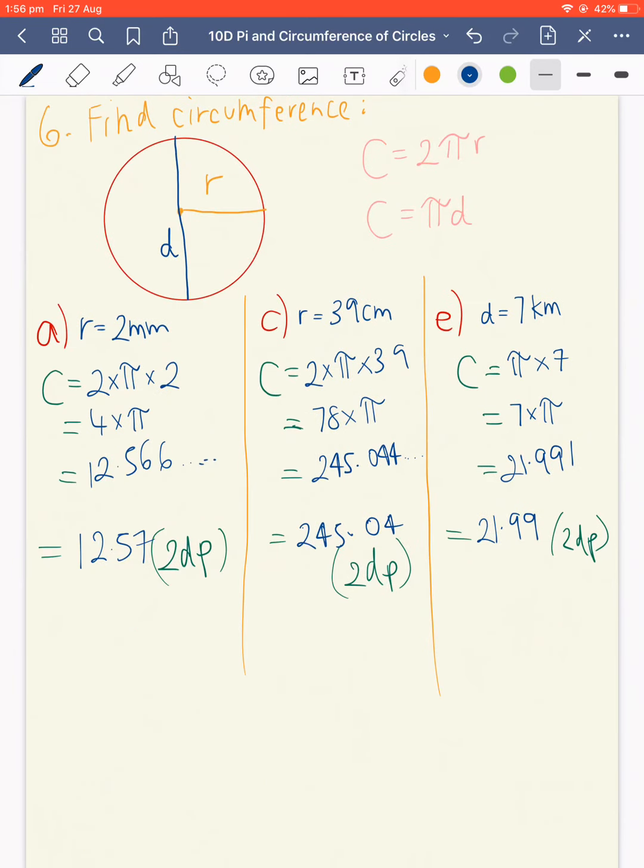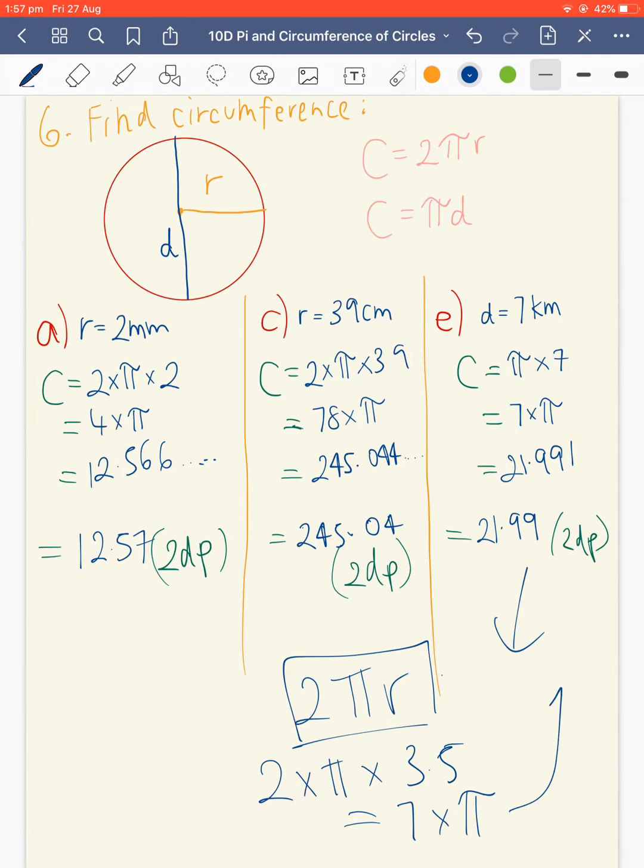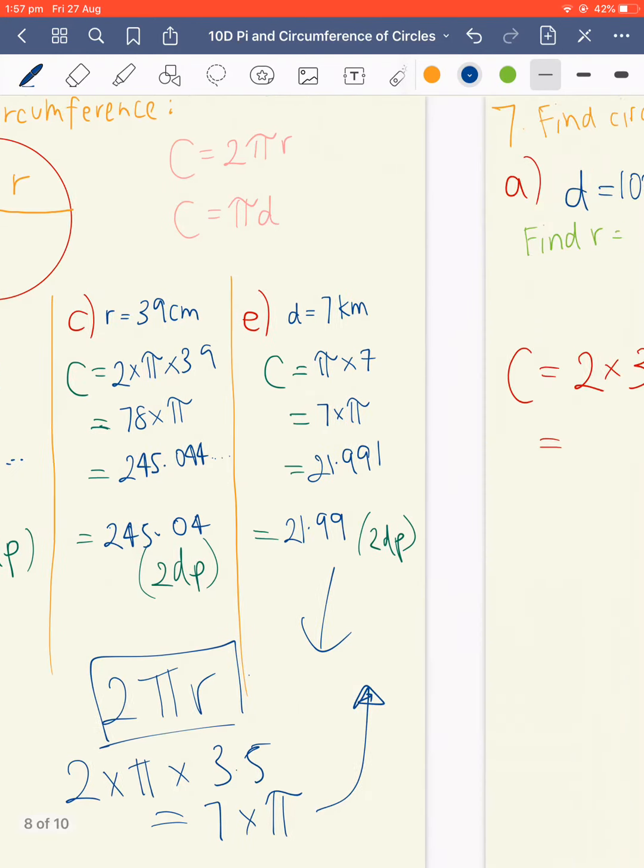And again, if you were doing this instead with 2 pi r as your formula, you will just halve your 7. So I do 2 multiplied by pi multiplied by 3.5, which again will give me 7 multiplied by pi, which is the exact same as up there.